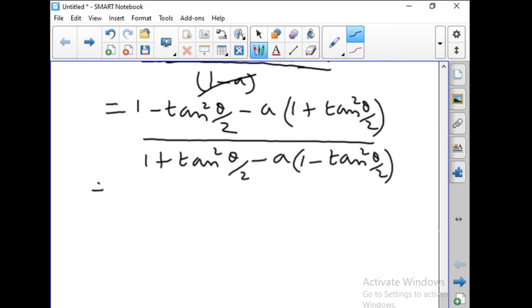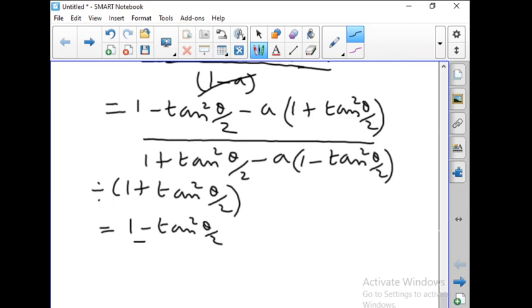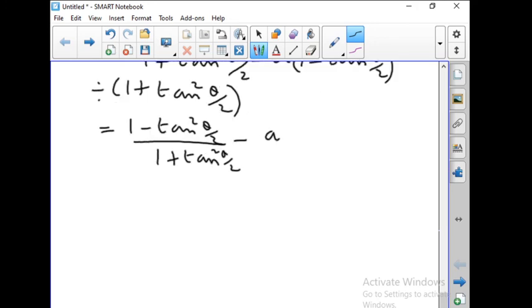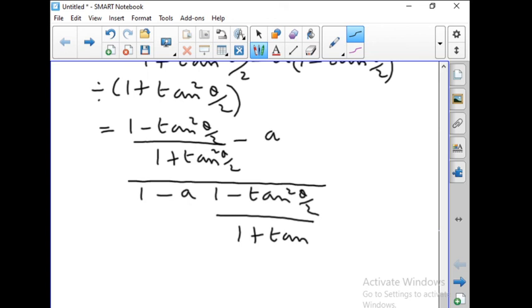So now divide both numerator and denominator by 1 plus tan square theta by 2. So when you divide, what you get? It will become 1 minus tan square theta by 2 by 1 plus tan square theta by 2 minus a, divided by, what is the denominator? 1 minus a into 1 minus tan square theta by 2 by 1 plus tan square theta by 2.